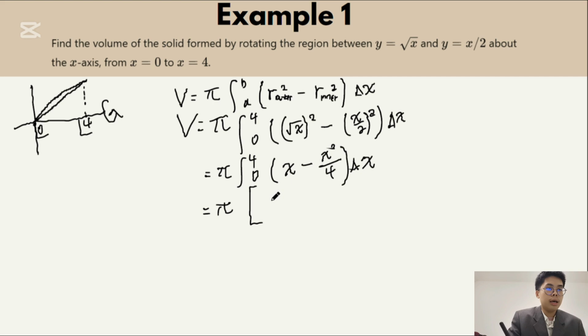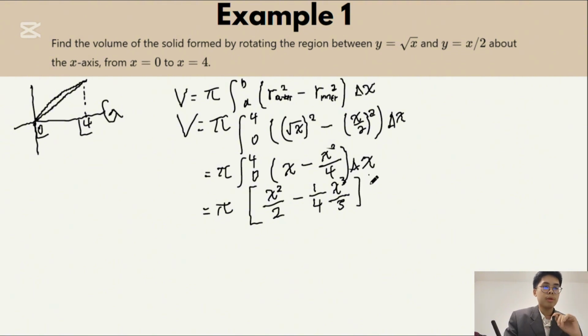We'll get x squared over 2 minus 1 over 4 times x to the power of 3 over 3, with the upper limit 4 and the lower limit 0.